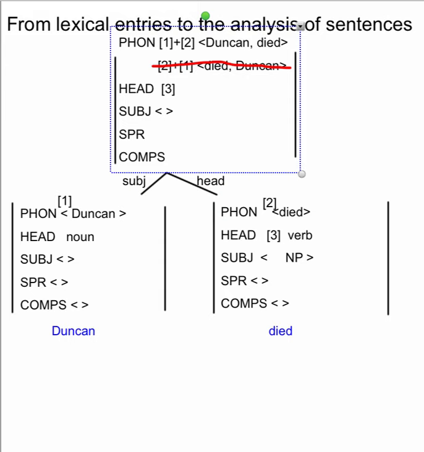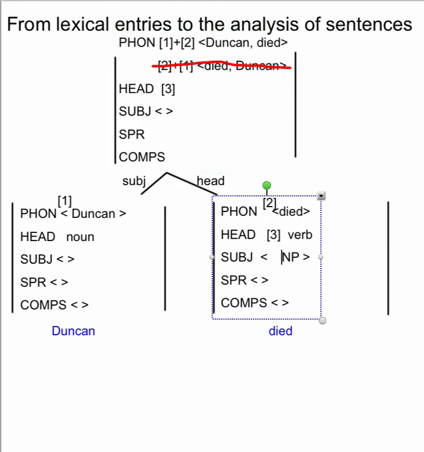We know from the lexical entry that the subject value of the verb died is non-empty. It's got a noun phrase on it. Now we want to make sure that the subject that the verb is looking for is exactly the noun phrase that it combines with. This is again expressed with a tag. So I can add the tag number 4.